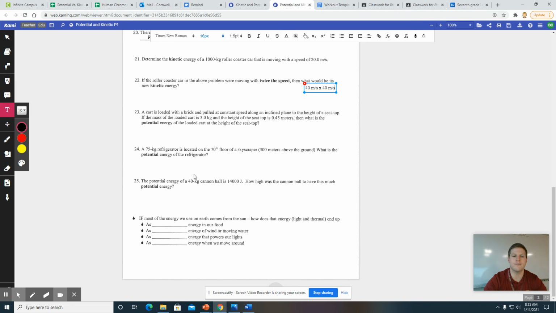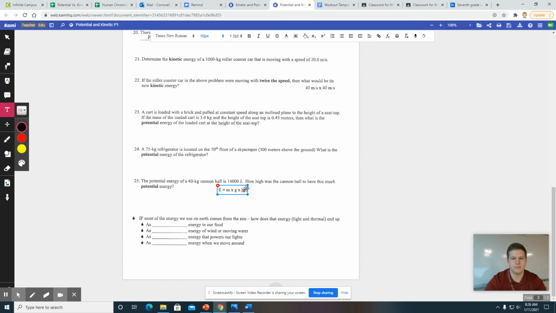The potential energy of a 40-kilogram cannonball is 14,000 joules. So we have to find out the height. It's giving you everything. We know that potential energy is equal to PE equals mass times the force of gravity times the height.